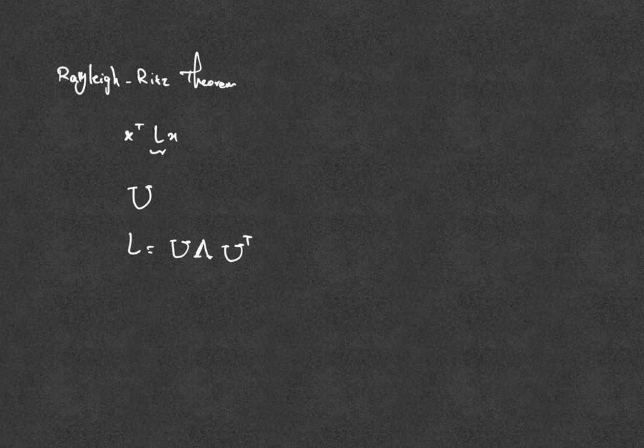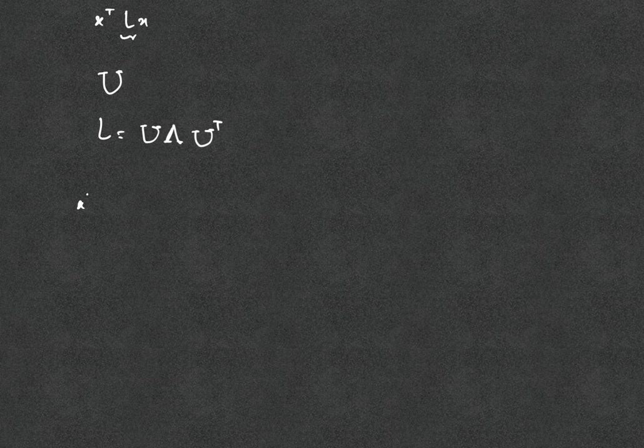So now if you consider the x^T L x here, you can substitute that and have x^T U lambda U^T x. Actually, for the sake of argument, let's work with this version instead. It doesn't really matter, it's just a change of notation.